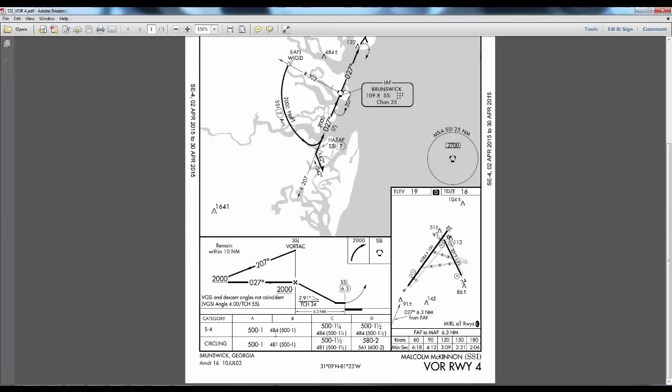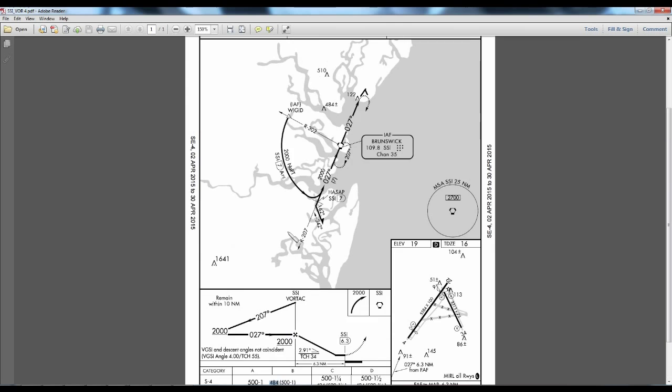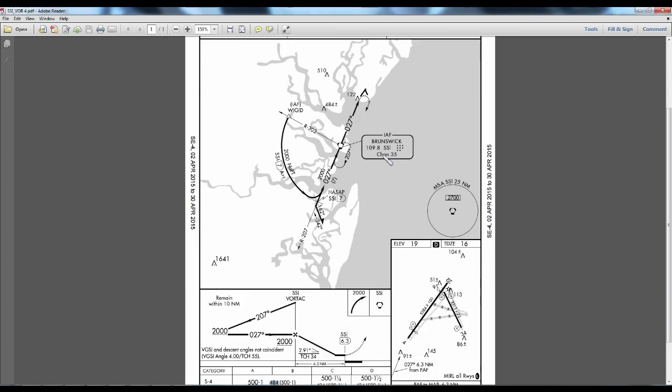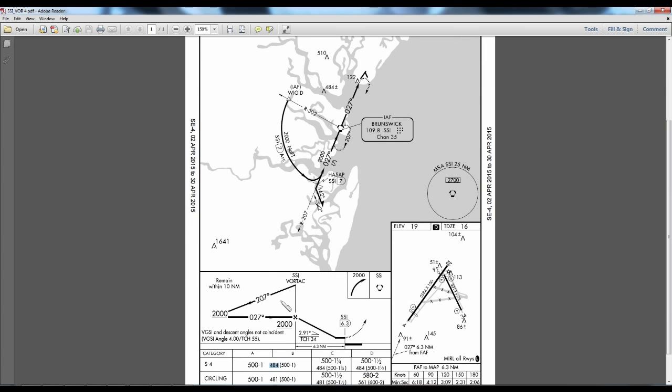But we'd also want to note this number here, the height above threshold number. Remember that on METARs, TAFs, and ATIS and ASOS reports, the cloud heights are always given in height above ground at the airfield. Height above the airfield. AGL, basically. So, how do we convert that?